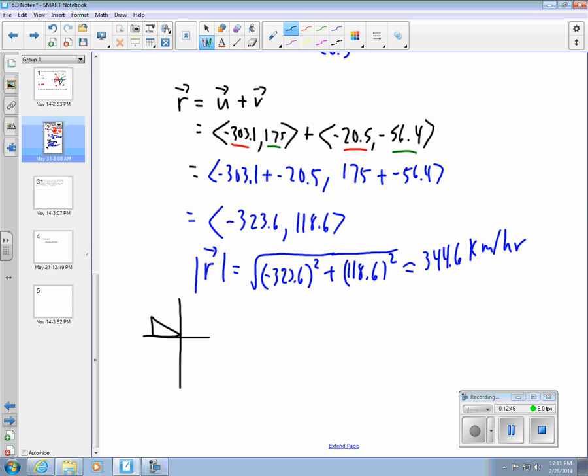So you got negative 323.6 and 118.6. So your angle is over here. So I'm going to set this up. This is my opposite and this is my adjacent. So because I have those, I'm going to use tangent, because opposite over adjacent there is tangent. So I can do the inverse tangent of 118.6 divided by negative 323.6.